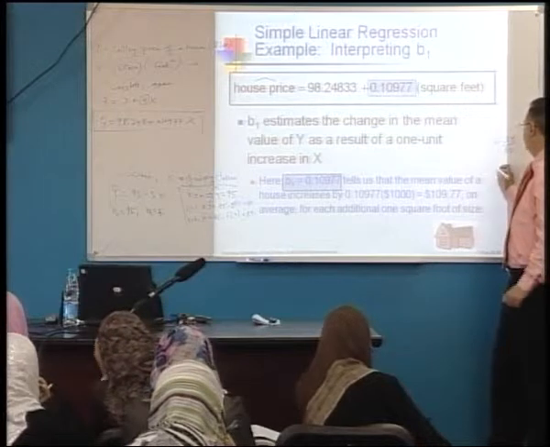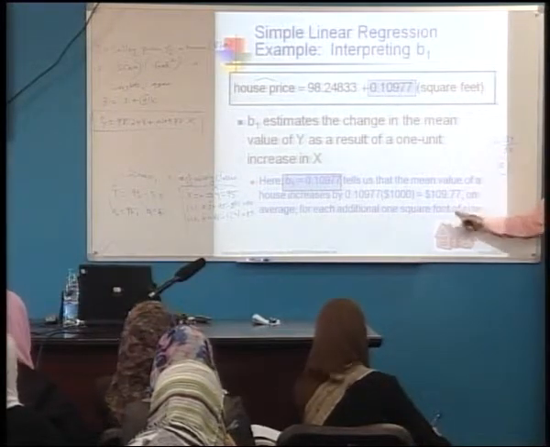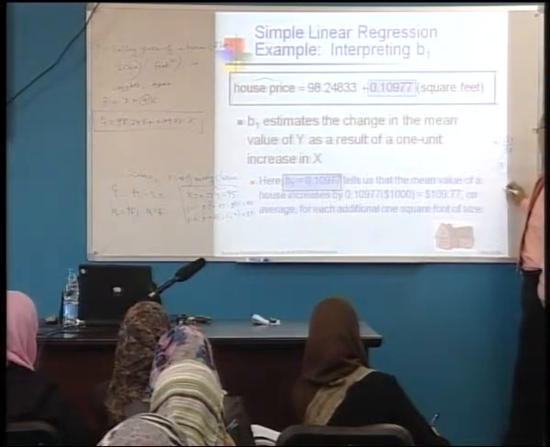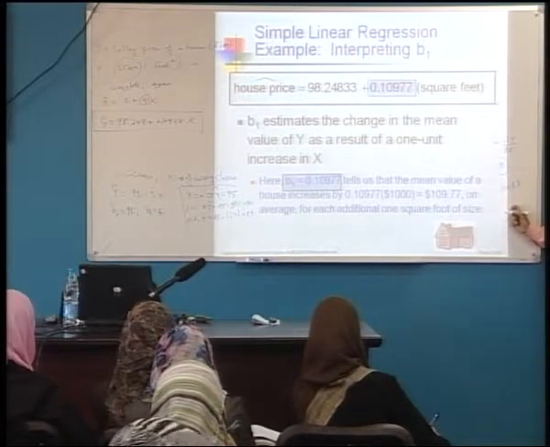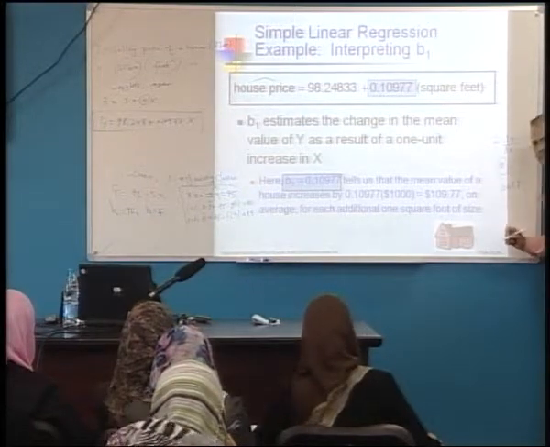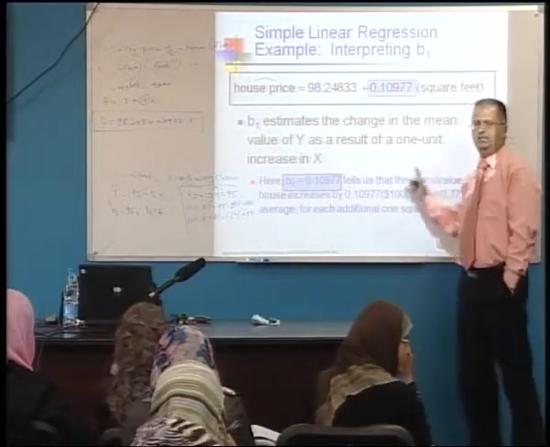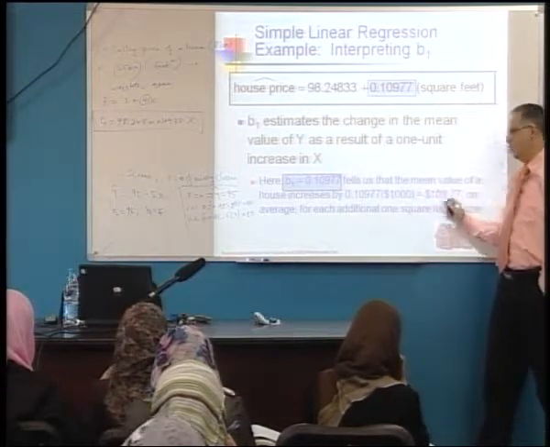So if the size increased by 10 square feet, it means the selling price increased by 1,097.7. Make sense? So for each 1 unit increase in its size, the house selling price increased by 109.